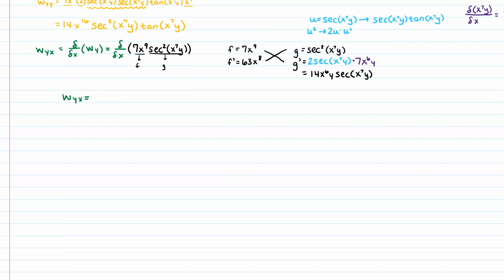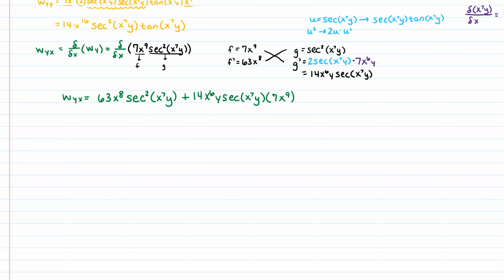F prime g, so that would be 63x^8 times secant squared of x^7y plus g prime f. So 14x^6y secant of x^7y times 7x^9.